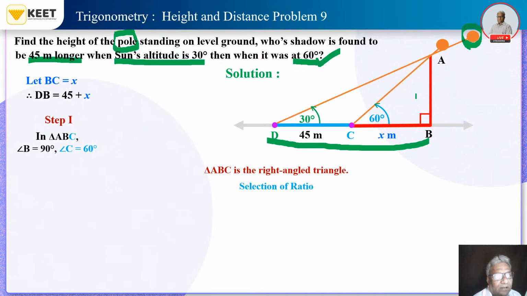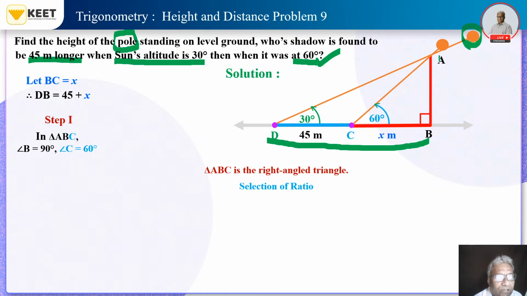AB is the opposite side and BC is the adjacent side. Now why are we taking AB? Again try to concentrate here. AB is not given, and BC we have to find out.